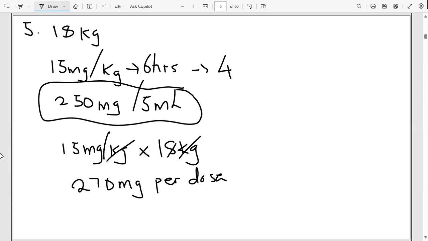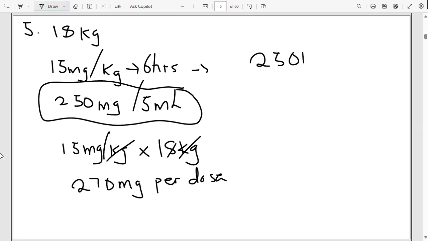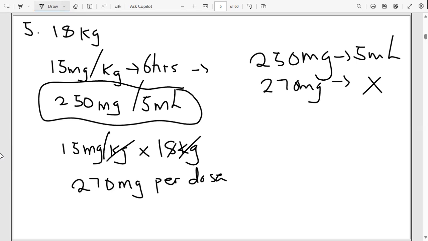Now we're just going to use a simple ratio and proportion. Since there are 250 milligrams in 5 mils, how many mils, which I'll put as X, are we going to have in 270 milligrams? 270 is the actual dosage that is going to be given to the patient.